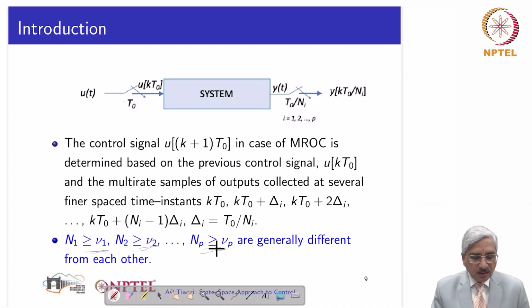N1 is greater than or equal to nu1, the observability index of output 1. N2 is greater than or equal to nu2, the observability index of output 2, and so on. For the pth output, Np should be greater than or equal to nu p, the observability index of the system with the pth output.